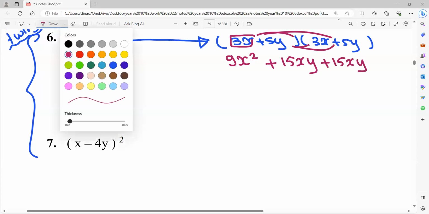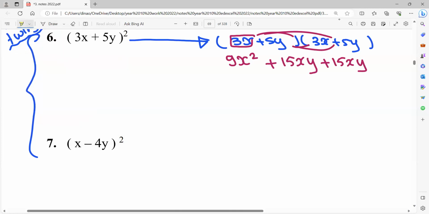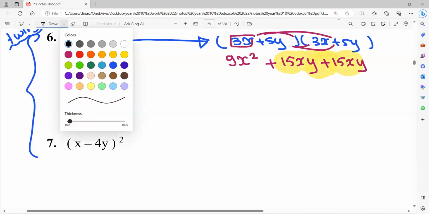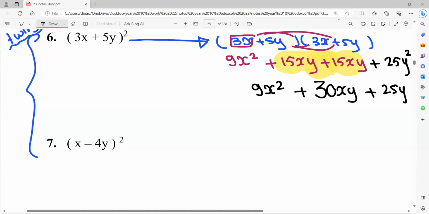Oh, this term is repeated twice. And then 5y times 5y is 25y squared. By combining the like terms, I end up with 9x squared plus 30xy plus 25y squared.